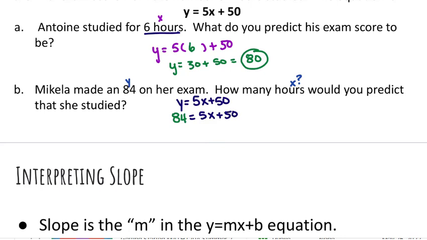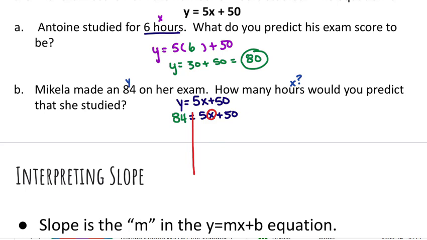We're trying to get the x by itself. What I like to do is draw a line down the equal sign and circle the number I'm trying to get by itself. We're going to start unpacking everything. You look and see what is happening with the x. We want to get x by itself, because once we get it by itself, we'll know what it equals to make the equation true. So we'll figure out how many hours we need to make a score of 84. We always get rid of what's being added first.